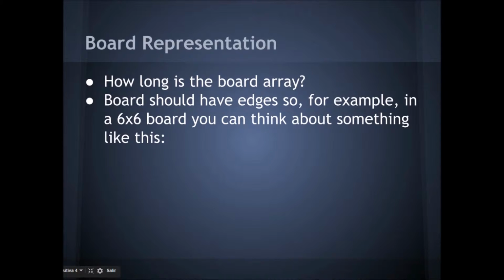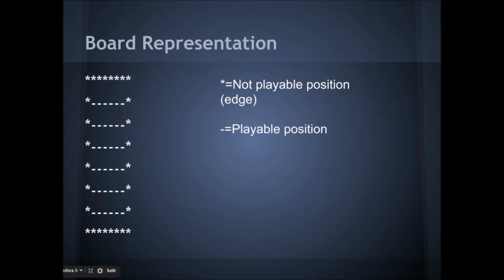So how long is this board? We will use a 6 by 6 board for the example. It is something like this, right? Our 6 by 6 board. We have these 6 lines that are the positions and the edges, right?